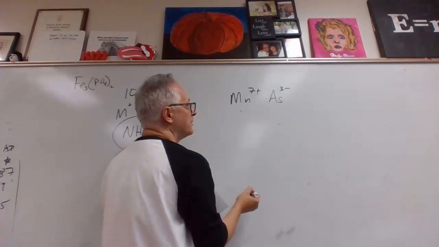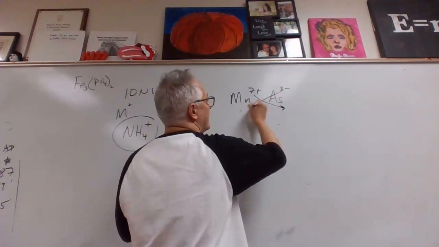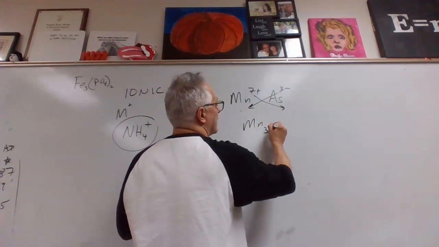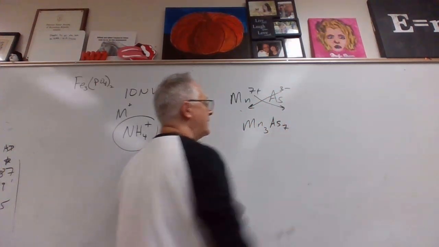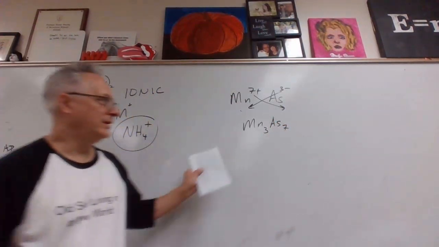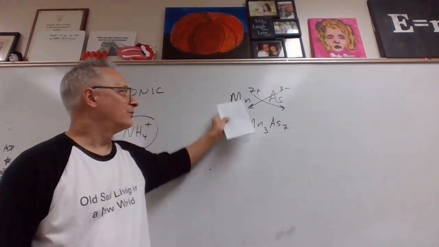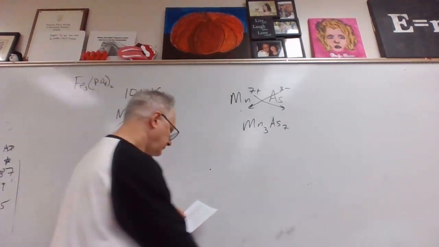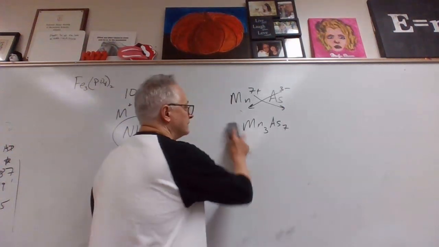So we make the formula. Let's put the 7 down there and the 3 down there. And we have that crazy looking compound. We don't see too many compounds with such a high charge on a cation.